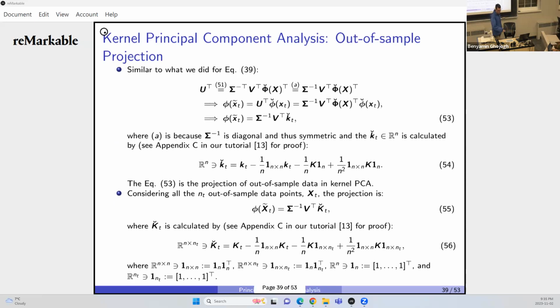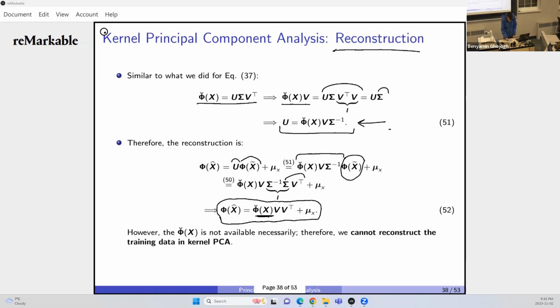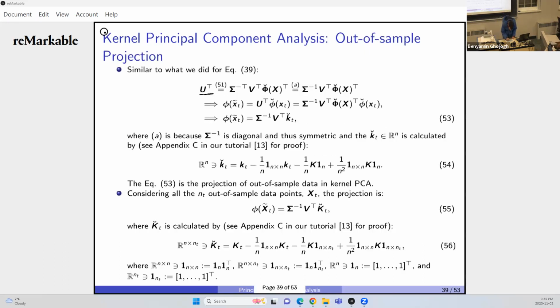Now, projection for test data, out-of-sample projection. What happens? U transpose. So what was U? Equation 51. This is U, equation 51. Now transpose it. Transpose reverses the order of matrix multiplication. So you will have this. And I know that sigma inverse is diagonal, so symmetric.